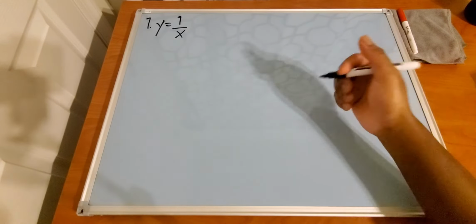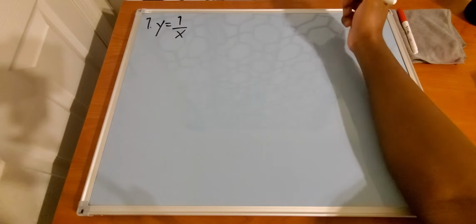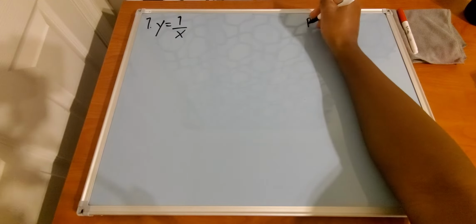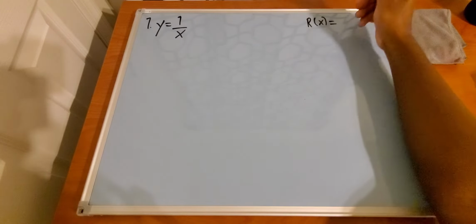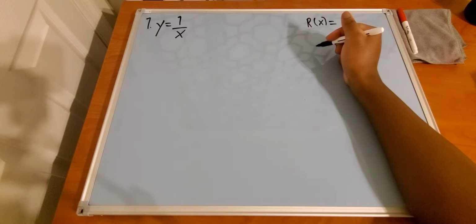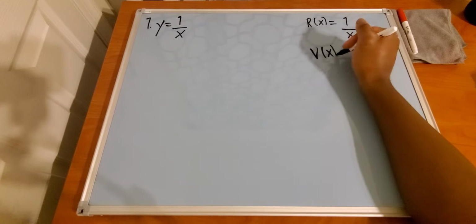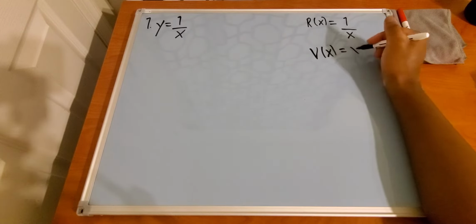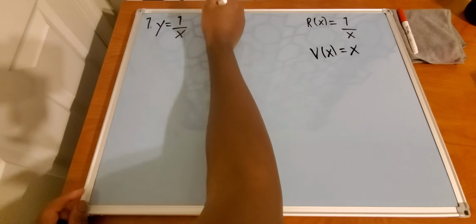So in this case, with the variables I used, r of x, the entire function we'll be using the reciprocal rule on, is just 1 over x. And then v of x, our function in the denominator, is just x. So in this case, it's just a variable. We can just apply the reciprocal rule to find the derivative.